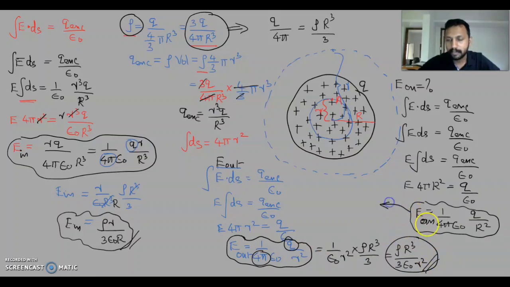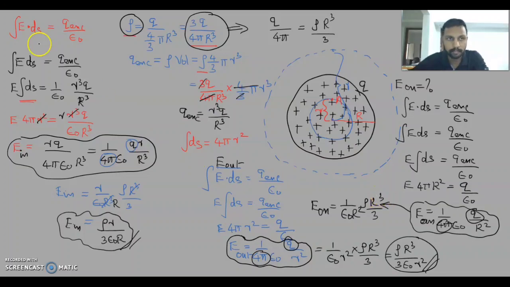And if we are speaking about electric field intensity on the surface, let's say q by 4 pi could be replaced as rho R cube. Therefore, electric field intensity on the surface will be 1 by epsilon 0 R square into rho R cube by 3. Then we could cancel this R cube and R square will get cancelled.